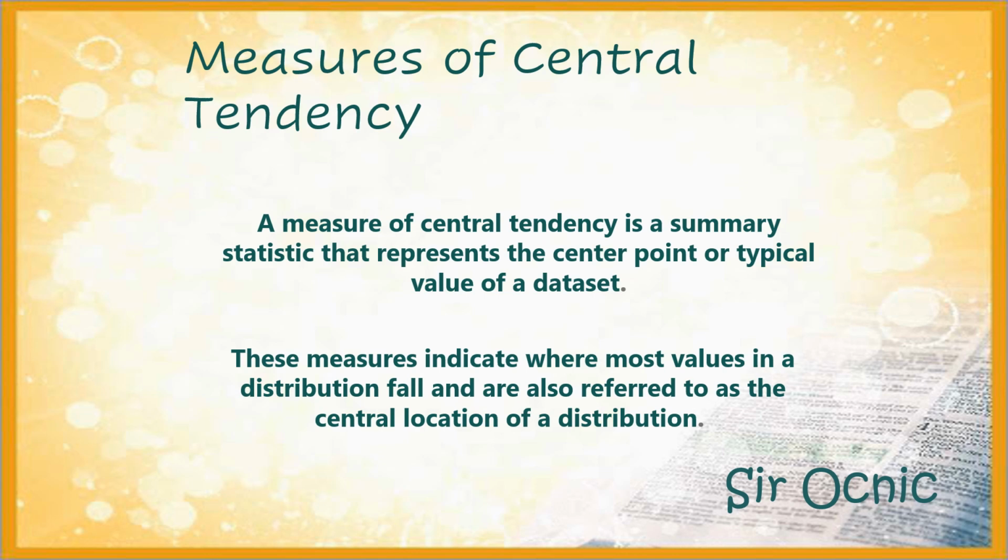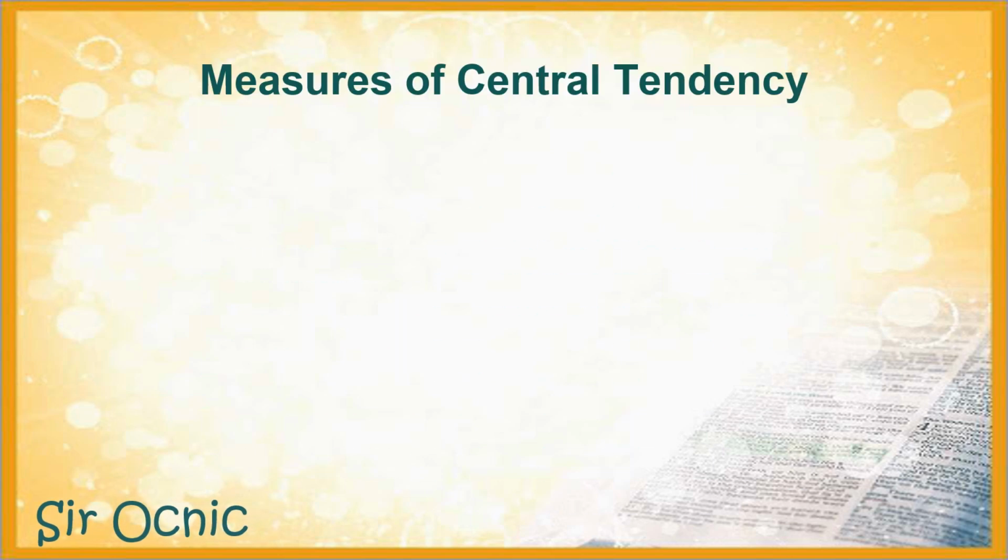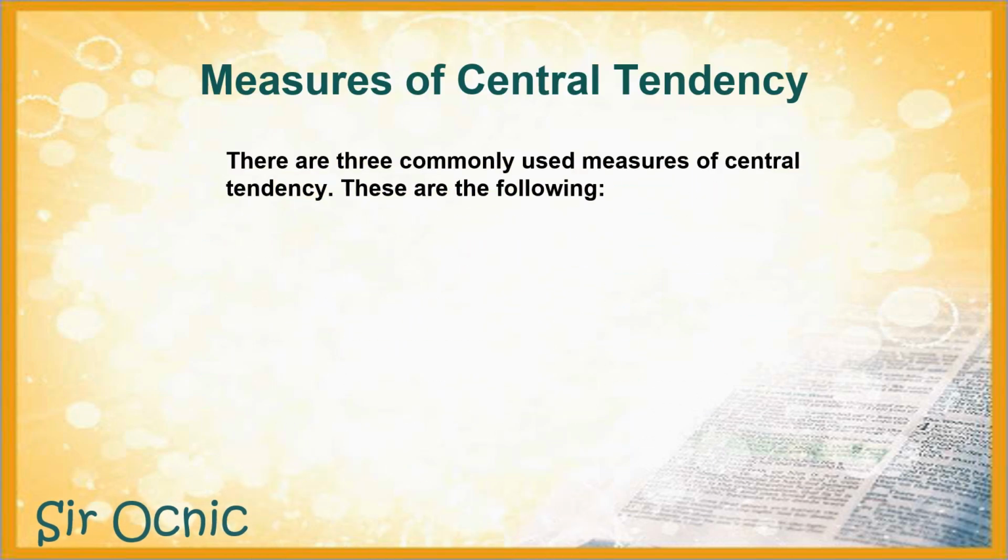These measures indicate where most values in a distribution fall and are also referred to as the central location of a distribution. There are three commonly used measures of central tendency. These are the following: the mean, the median, and the mode.